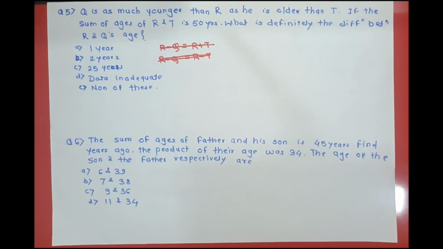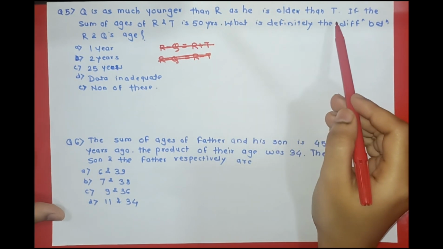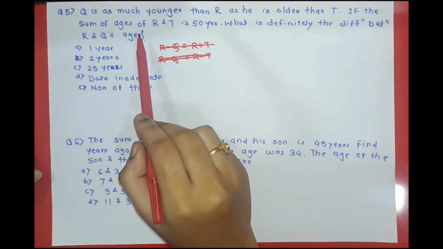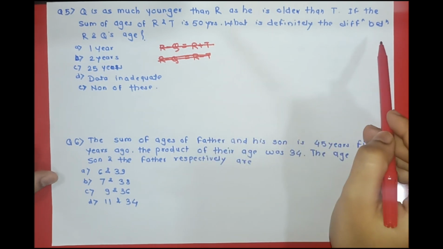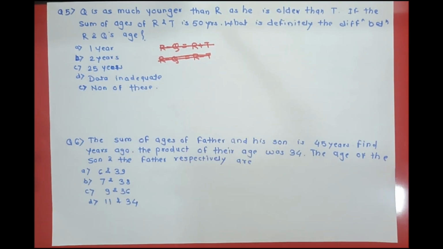Next question. Q is as much younger than R as he is older than T. If the sum of ages of R and T is 50 years, what is definitely the difference between R and Q's age?